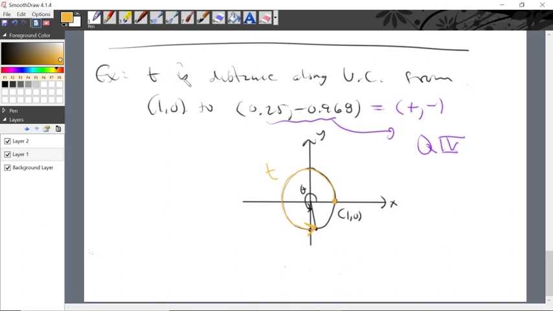In fact, t could be any distance along the circular path that would have ended up at this point. For instance, I could have chosen t to be a negative number that was this distance right here. That would have been okay. We could have even chosen t so that we went around the circle multiple times, as long as we end up at this point right here. So there are actually many different values of t which we can say are coterminal.